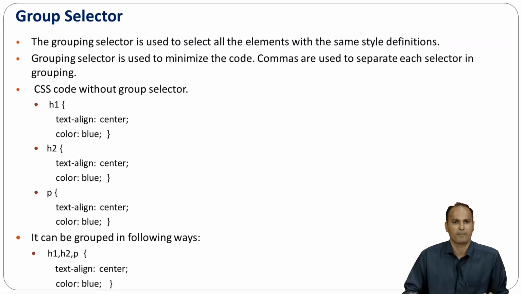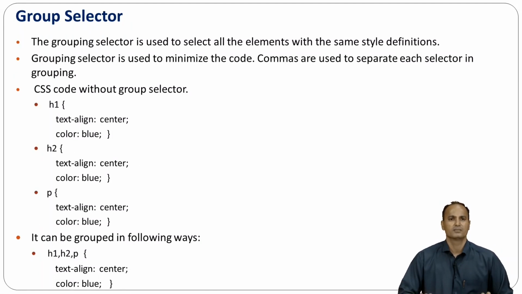Moving next is the group selector. The grouping selector is used to select all the elements with the same style definition. Grouping selector is used to minimize the code. Commas are used to separate the selectors in grouping. Suppose you have a number of elements which require the same CSS effect.